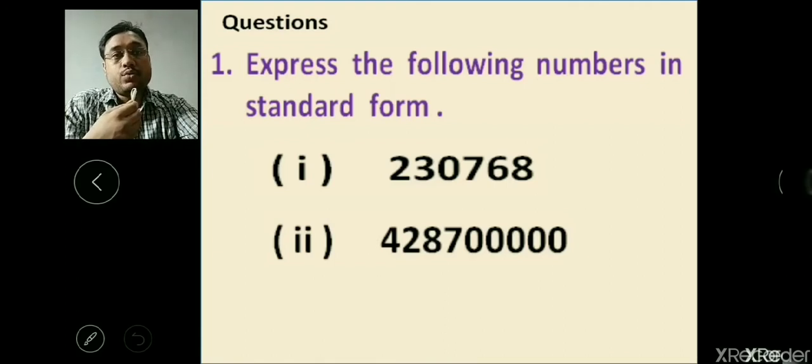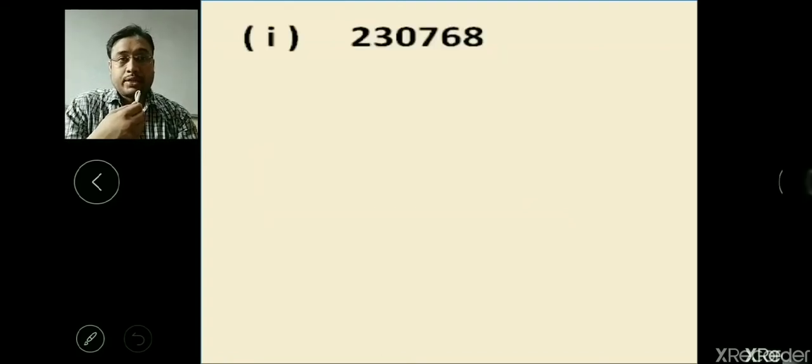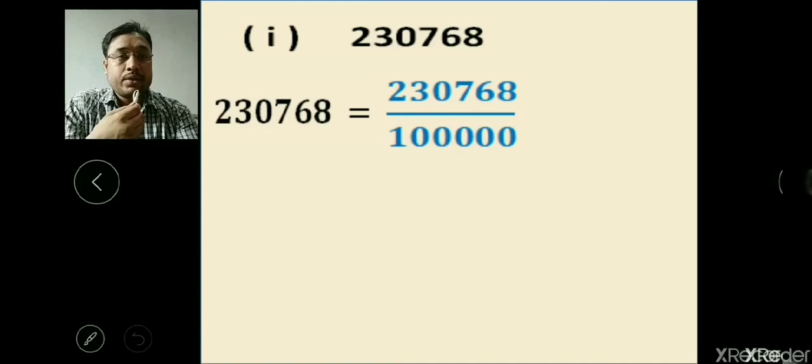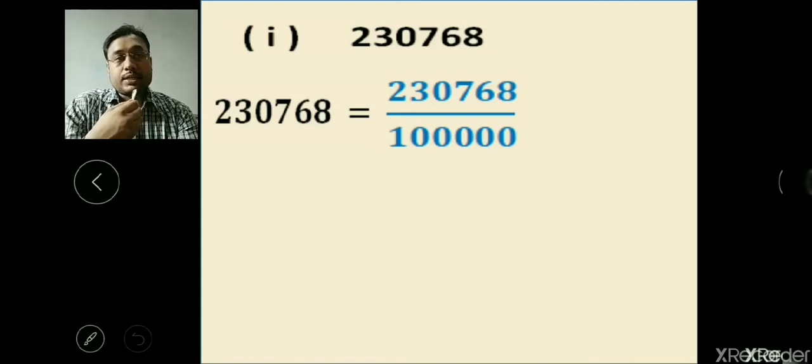So first of all, 2,30,768. This way, first we will write the question here. Then you can write 2,30,768 equals to, in this way. First you divide this number by 1 lakh, because in 1 lakh the number of zeros is 5.